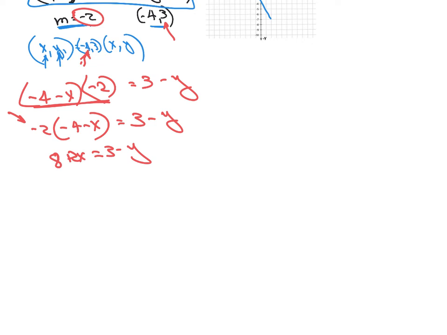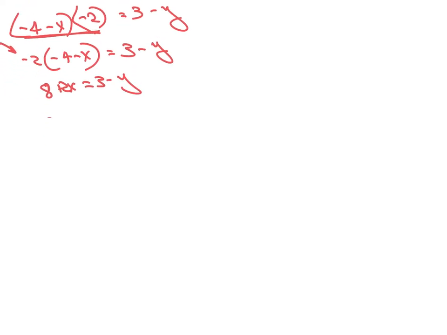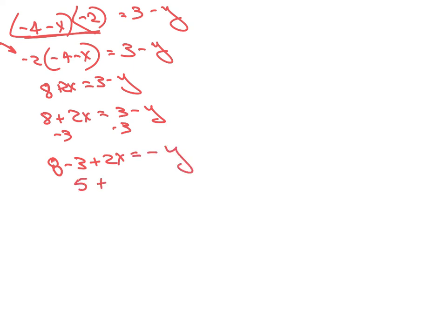So I'm just going to keep going and write this equation in slope-intercept form. Let me rewrite this again because you can see the 2x better. Okay, so I'm going to subtract 3 from both sides. So 8 minus 3 plus 2x equals -y. 5 plus 2x equals -y. Now I don't want the -y, that needs to be a positive.